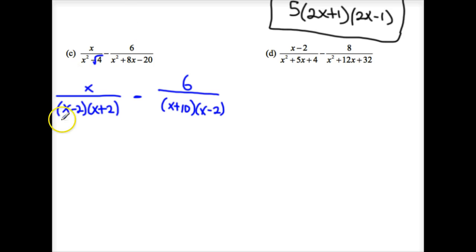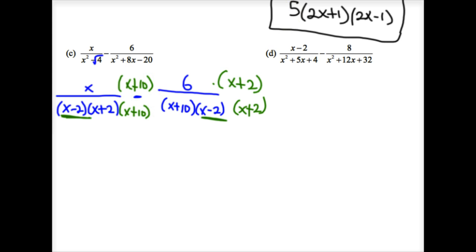Now I want to go ahead, look for what they don't have in common. They both have an x minus 2, so now what's left over on this side is x plus 2, so I want to times this by x plus 2, and then x plus 10 is on this side, becomes x plus 10.